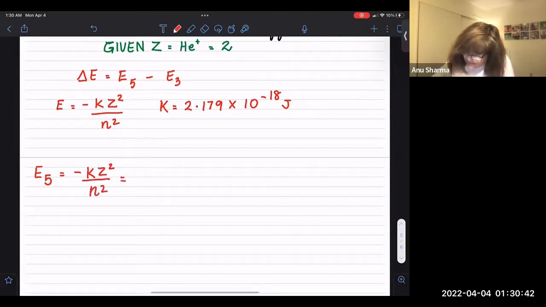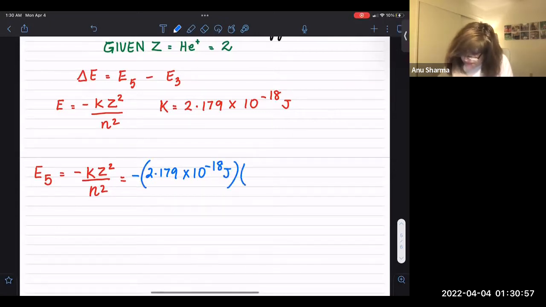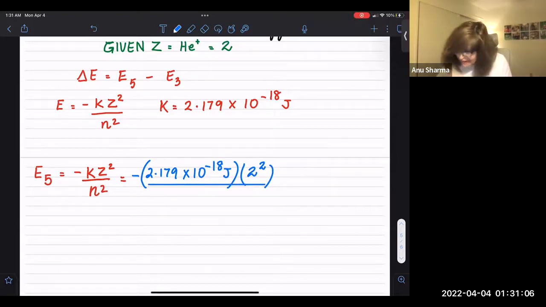Let's plug in the values: negative 2.179 times 10 to the power negative 18 joules, which is the value of k, times Z squared. Z is 2, and 2 square would be 4, over n square, where n is 5, so 5 square would be 25.